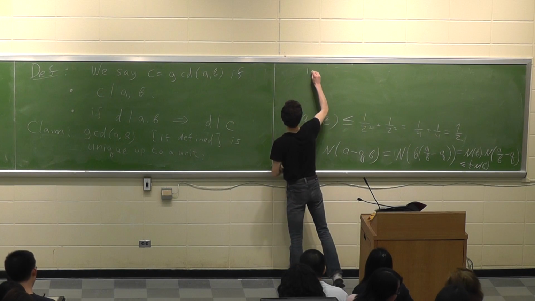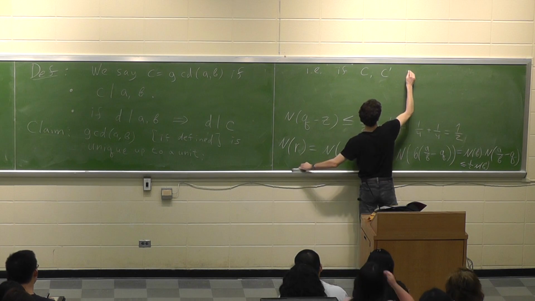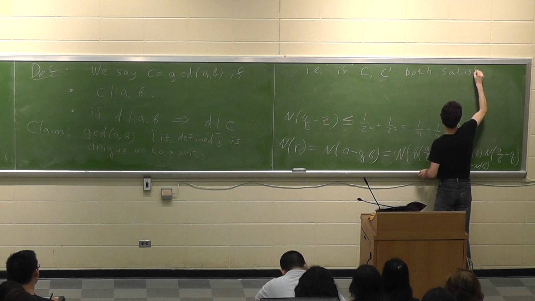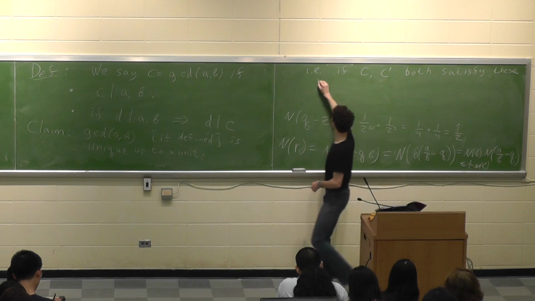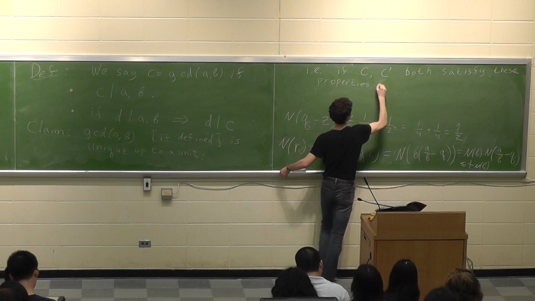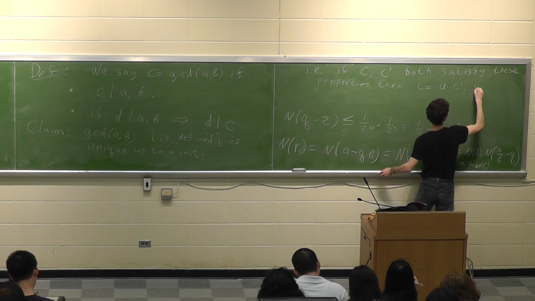So if C and C prime both satisfy these properties, then C is a unit times C prime.